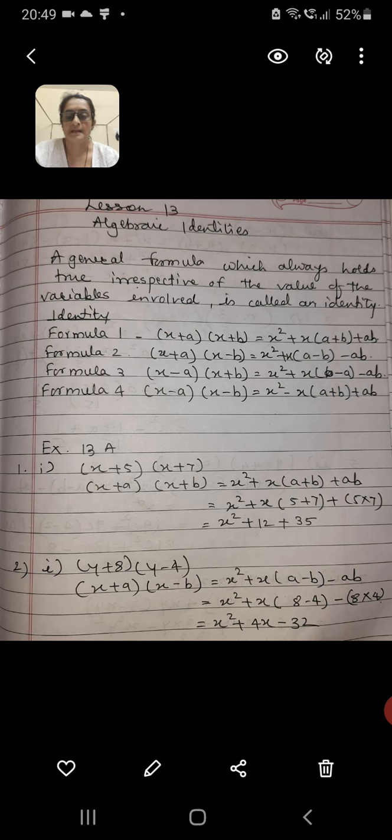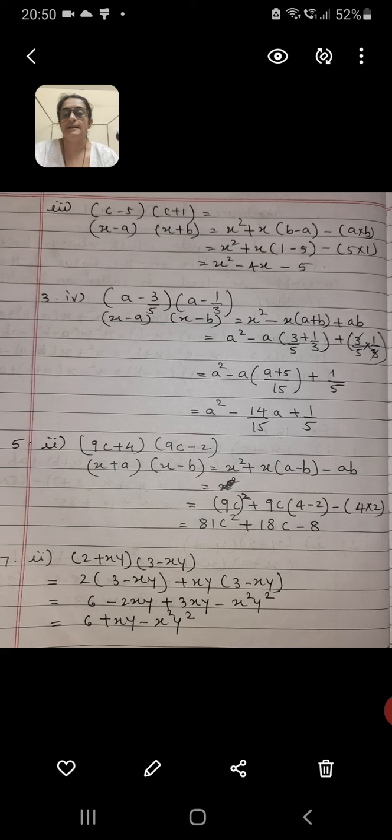So the formula is x square plus x a minus b minus ab. So let us solve it. x square plus x, we consider 8 as a and 4 as b. So 8 minus 4 minus 8 into 4. When you solve it, you will get x square plus 4x minus 32.